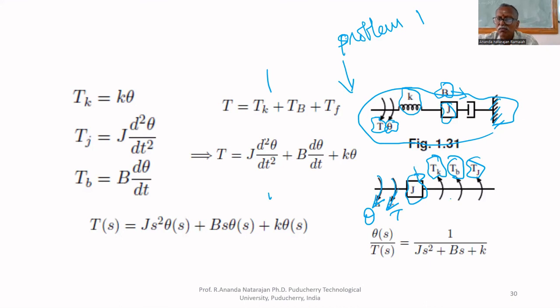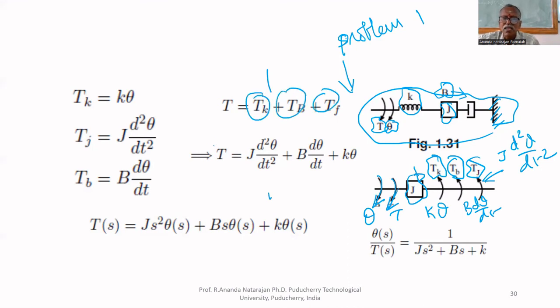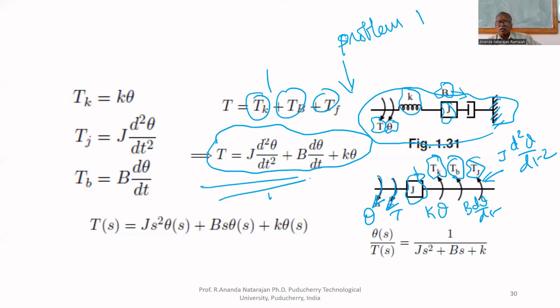Tk equals K theta, Tb equals B d theta by dt, and Tj equals J d square theta by dt square. Substituting these values, we get T equals J d square theta by dt square plus B d theta by dt plus K theta. This is the mathematical model in the time domain.